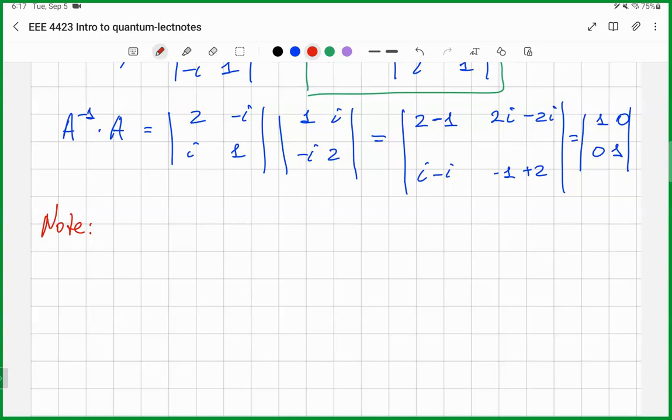Last week we discussed that a matrix can represent a linear transformation of a vector in the space, like a rotation, changing the length, etc. And if a matrix A represents a linear transformation, then the inverse matrix represents the inverse transformation of the vector, right? So let's write this.